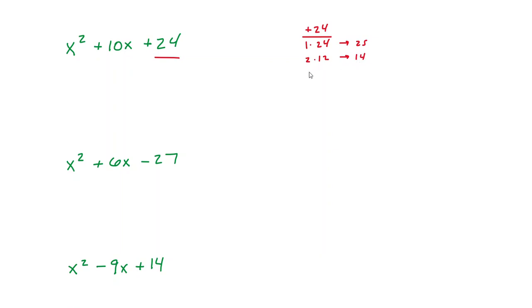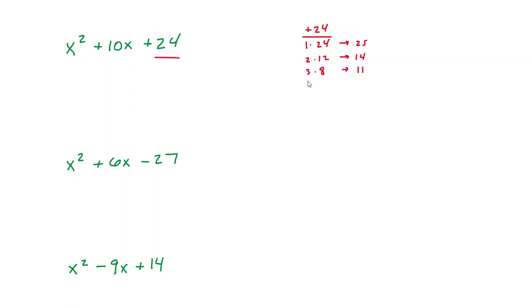And then let's see, 3. Does 3 go into 24? I know the answer is yes, because 2 plus 4 is 6. Remember, if the digits of a number add up to 3, 6, or 9, then you can divide by 3. So this is 8, and of course 3 plus 8 is 11.